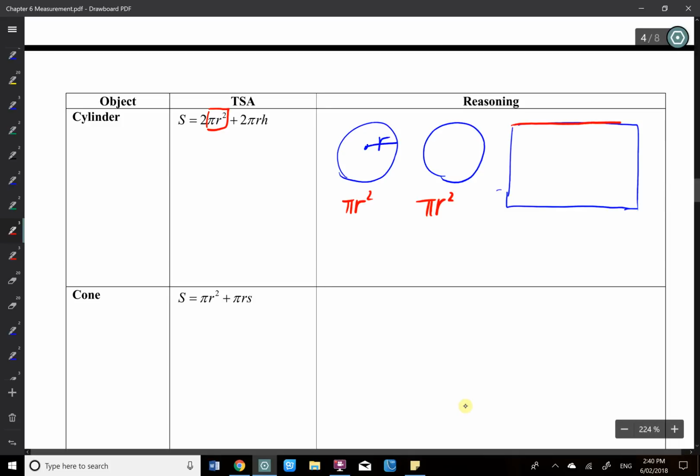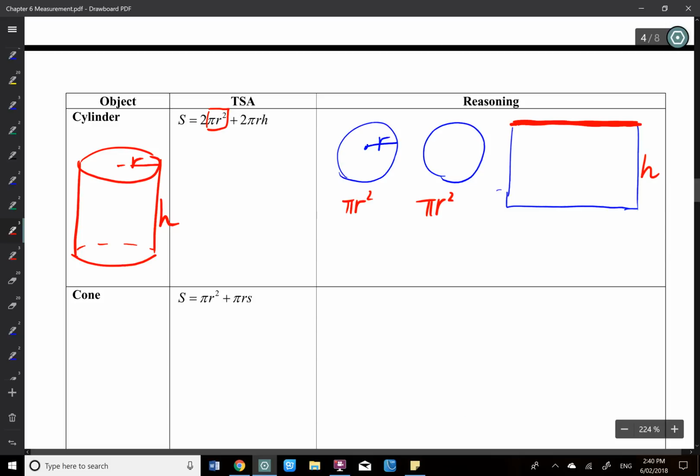And as I said, that's h, the height. So we have a cylinder like this, with radius r and a height of h. What is that red length here? The circumference.